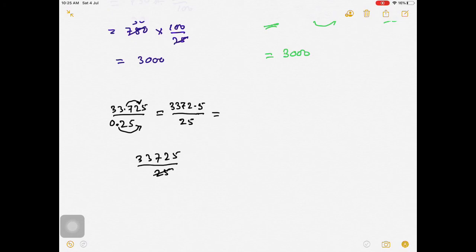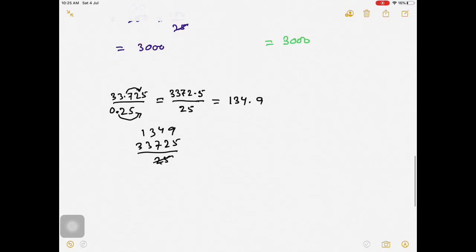Now we have 25 into 1 is 25, we have 87, 25 times 3 is 75, so we have 122, 25 times 4 is 100, so we have 22, so 25 into 9, so the answer is 134.9. Okay, so it is 134.9.